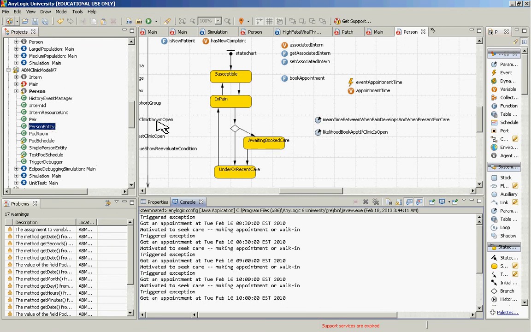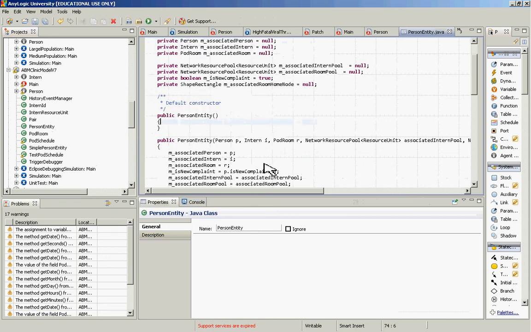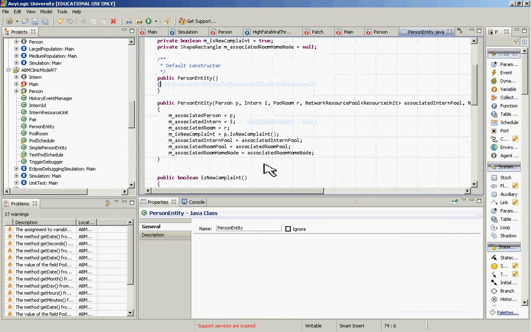Specifically, we created a version of an entity that remembers its associated agent. And we called this person entity. This person entity is associated with a set of information that reflects some persistent pairings of the person, say with a particular intern.